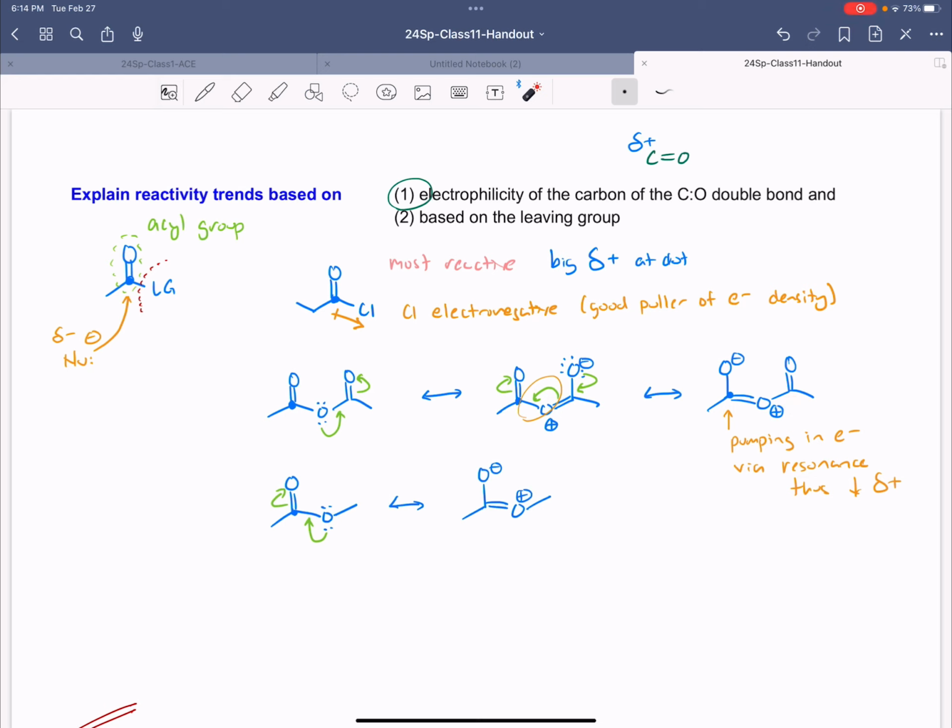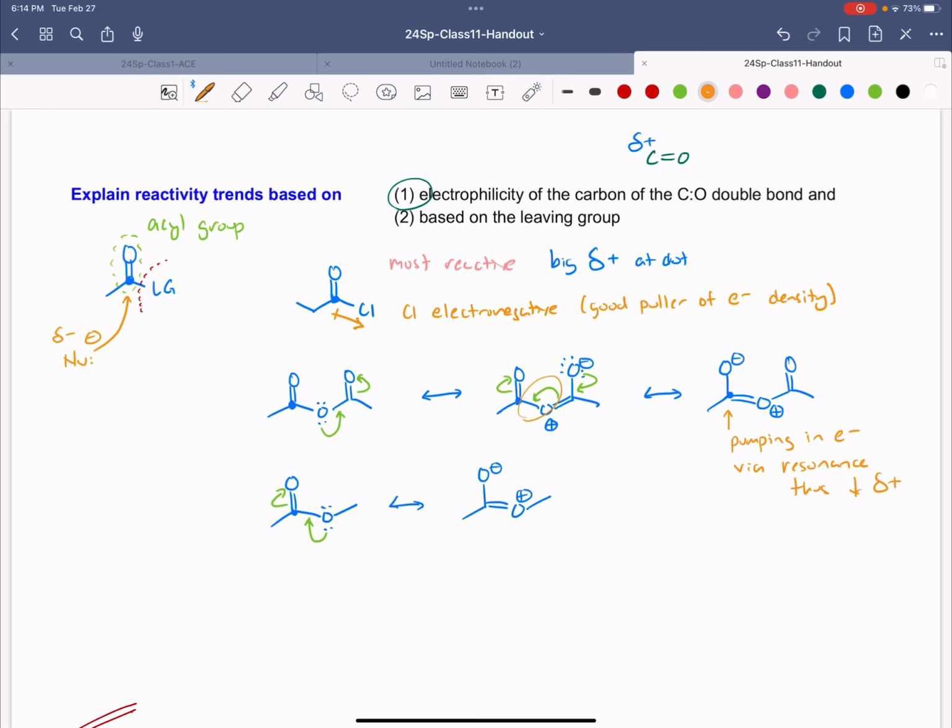Okay, so it's really, how do we say this? Here we're pumping electrons to that carbon, 1 out of 3 resonance structures. Over here, it's 1 out of 2. So there's more probability, I like saying that, there's more probability that we're pumping electrons towards this dot because we're only having resonance in that direction.